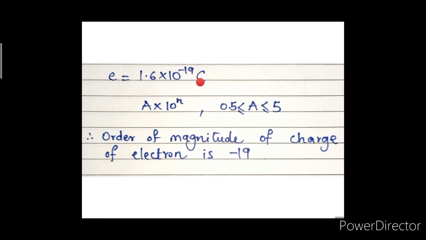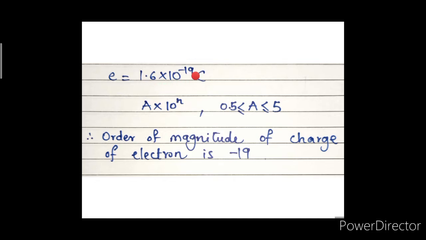When we are determining the order of magnitude, we write in this format: A into 10 raised to n, where A is a number in between 0.5 to 5.